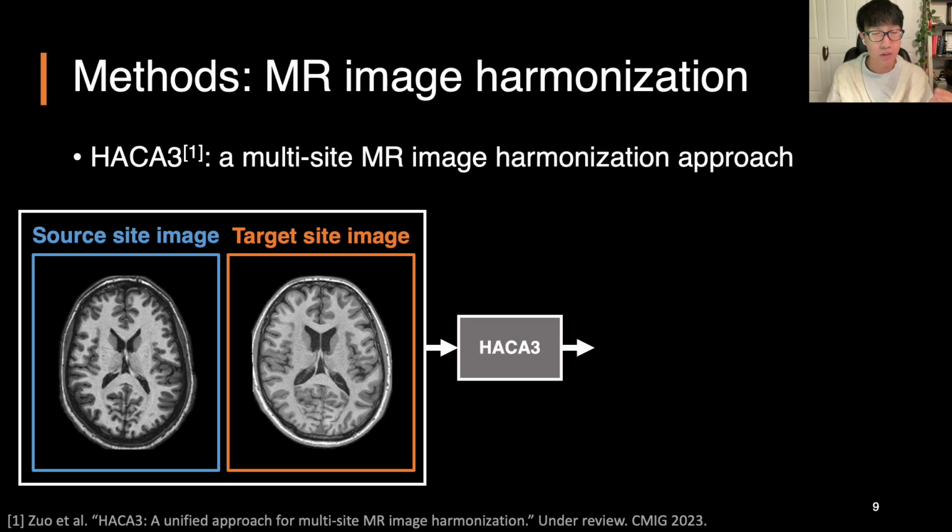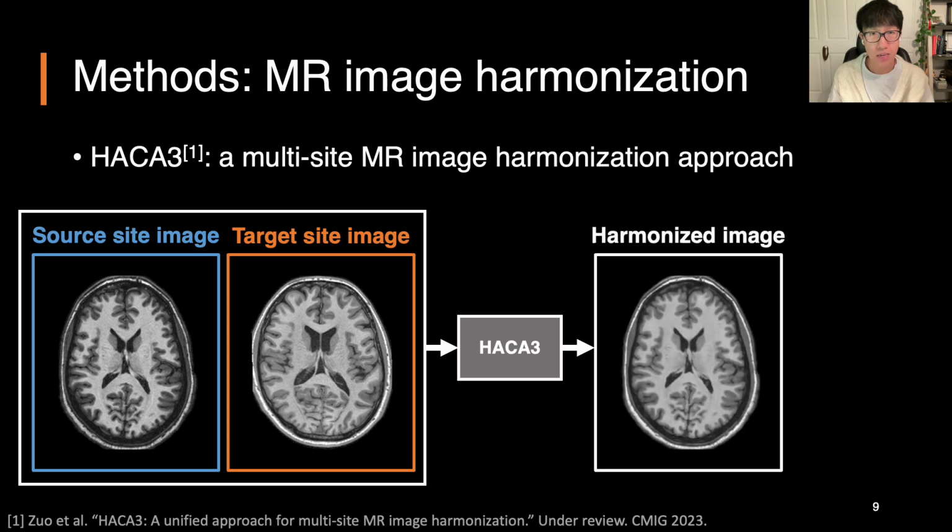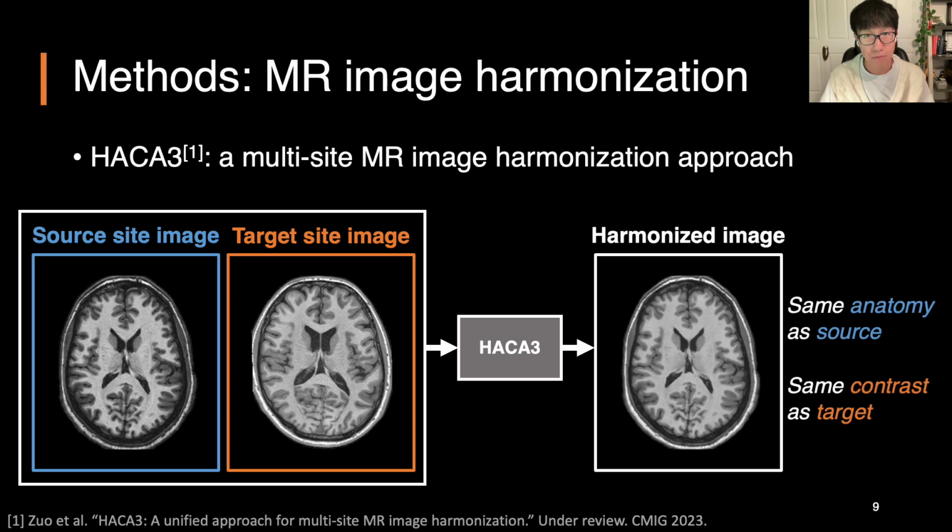We input those two images into HACA3, and the output is also an image. We call it a harmonized image. And this image will have the same anatomy as the source site image and the same contrast as the target site image. So as if this subject went to the target site to acquire this image.